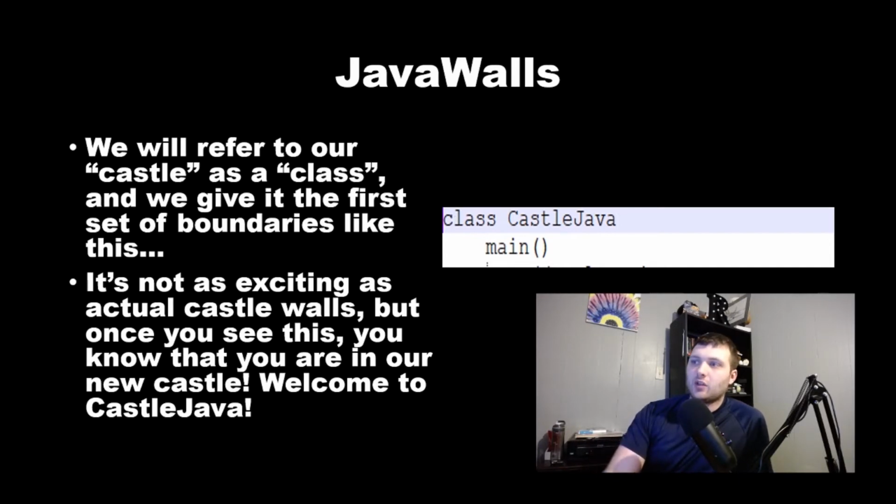And then we have this thing called the main method right here. Now, you can use multiple classes and multiple methods depending on what you're doing with Java. But for our purposes, we're going to assume we're just using one of each. So we have one moat surrounding our entire castle. We have one method, which is our main method right here. That is the stone wall. So we have a moat and we have a stone wall, and then we have everything happening inside of our stone wall and inside of our moat.